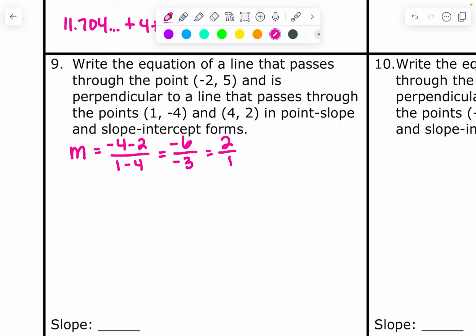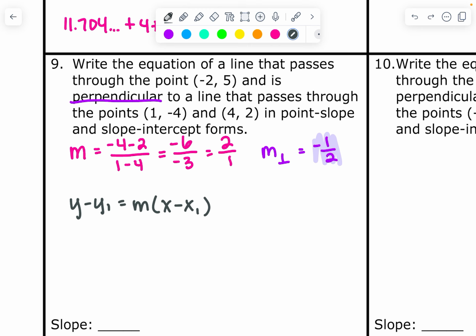Now the perpendicular slope, because we're doing perpendicular, would be -1/2. That's the one we're going to need to use. And I'm going to set up point slope form: y minus y1 equals m times x minus x1. Now, the y1 and the x1 are coming from this point because that's the point we need to go through.